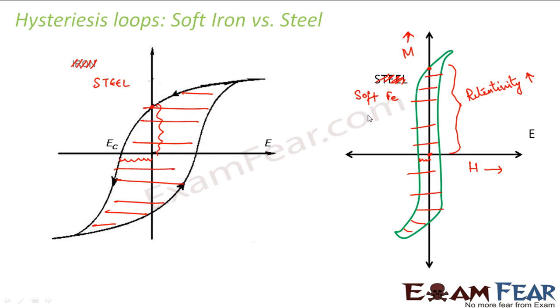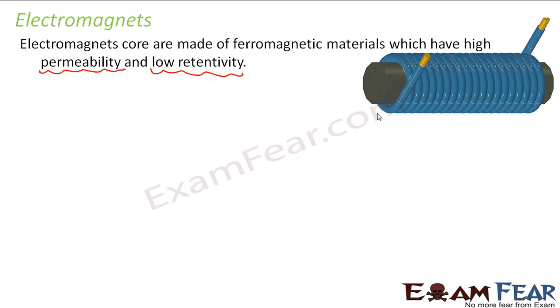So obviously soft iron would be a better choice for lesser hysteresis loss, right? So soft iron would be a better choice than steel, even though the value of retentivity for soft iron is higher than steel, but since the area of the hysteresis loop is extremely large for steel, we cannot afford that much hysteresis loss.